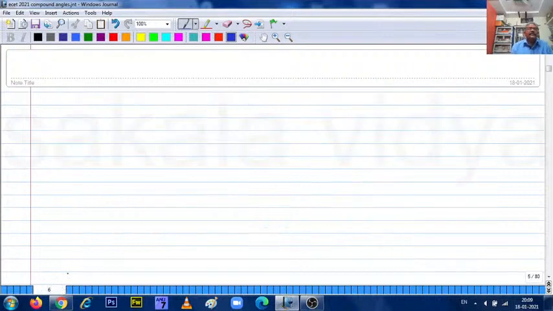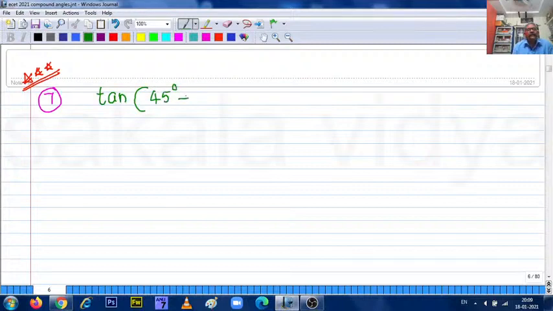Next, the seventh one is very important, so I take a different color. Actually, most of the questions were asked based on the seventh formula. Tan of 45 degrees plus theta is 1 plus tan theta upon 1 minus tan theta.